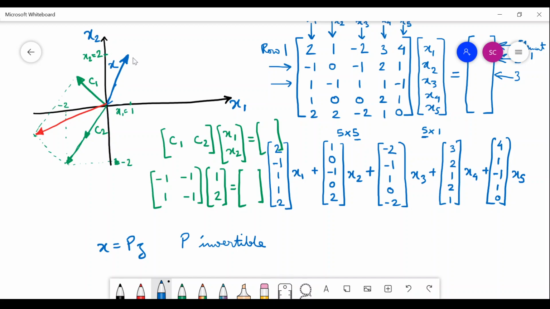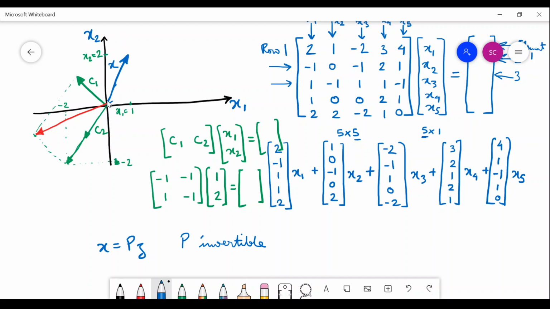If any vector x is transformed into the vector z, then this particular vector x1, which is simply the x1 axis, is also a vector in the x state space.